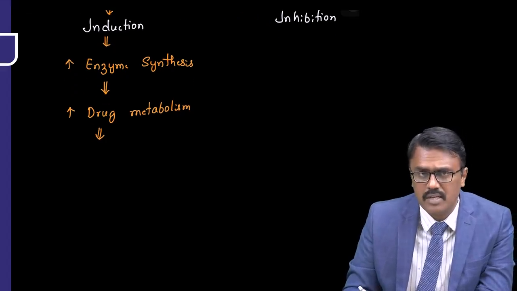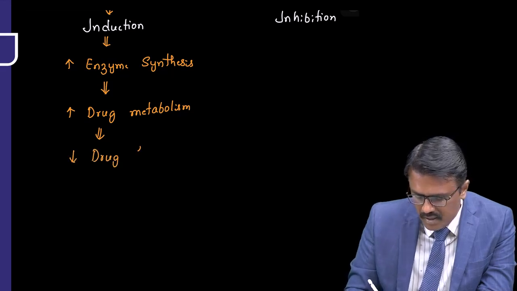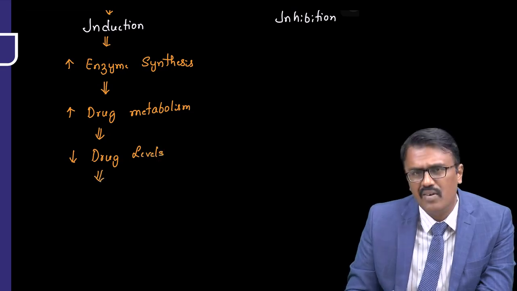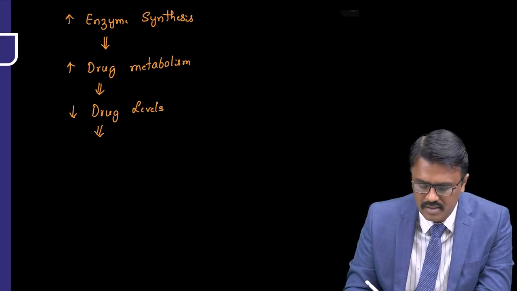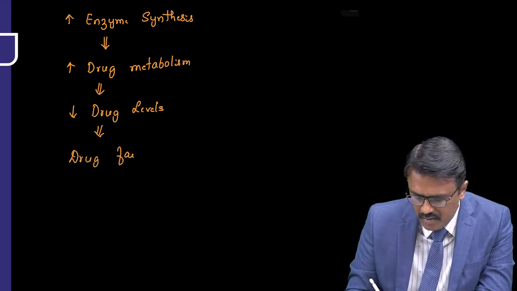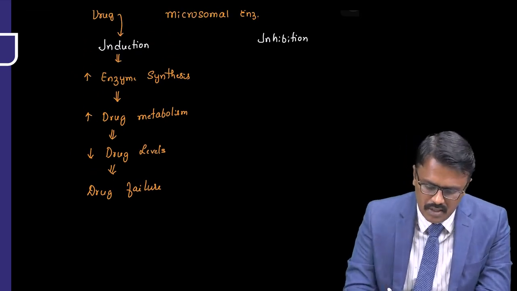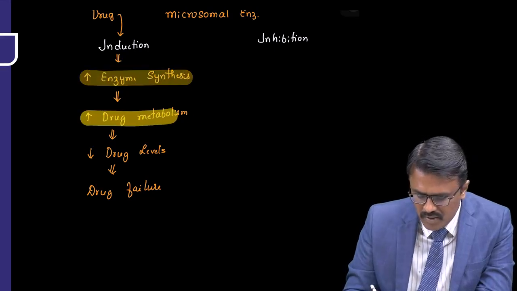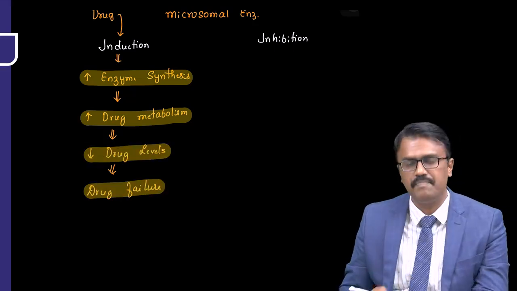Obviously, if it is metabolized faster, there is a decrease in drug level. Now if the drug level falls, will the drug work correctly or will it fail to work? Obviously, when the drug levels decrease, there is drug failure. So an inducer is a drug which increases the enzyme synthesis, and because of that the drug metabolism increases, drug levels decrease, and the drug will fail to work.